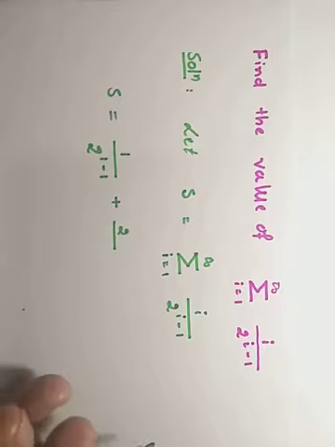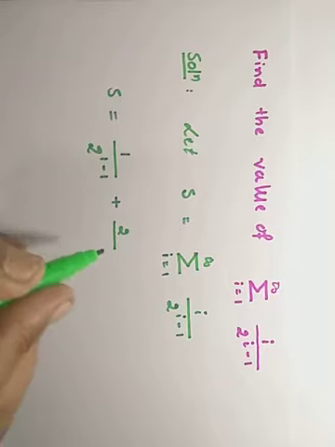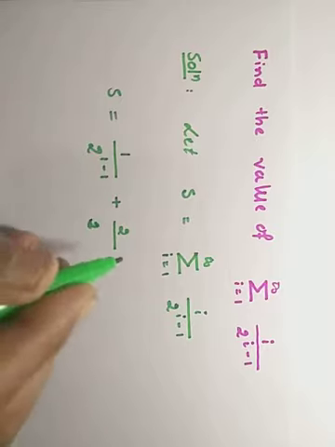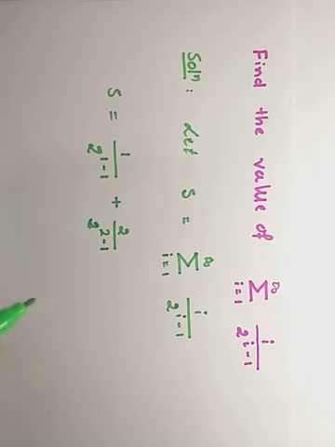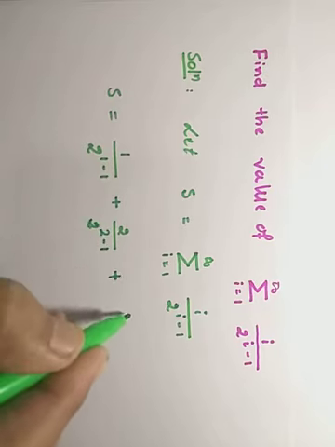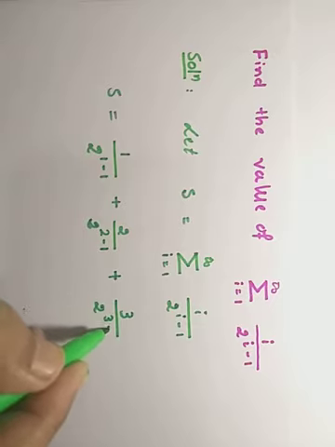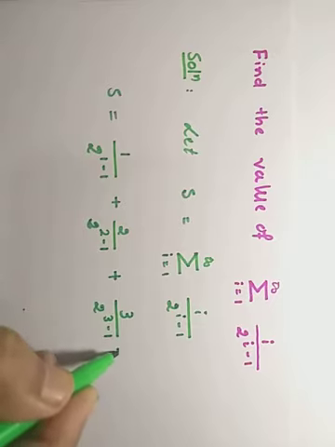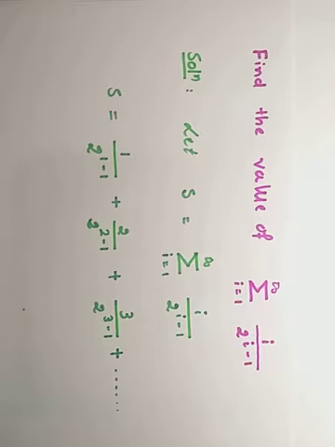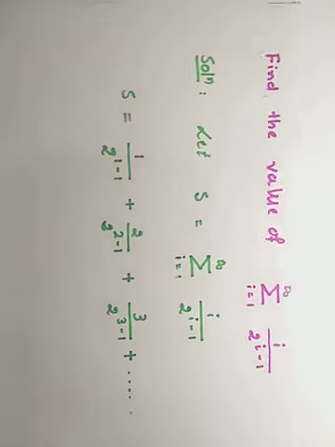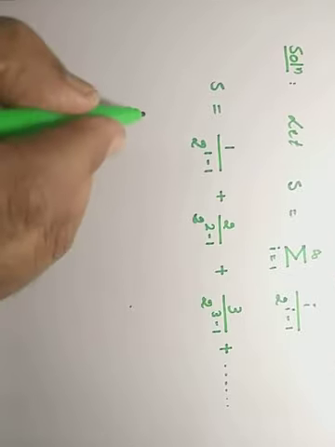Now it becomes 2 to the power 2 minus 1. Next it becomes 3 upon 2 to the power 3 minus 1, and so on. Next becomes 4 divided by 2 to the power 4 minus 1 and so on.